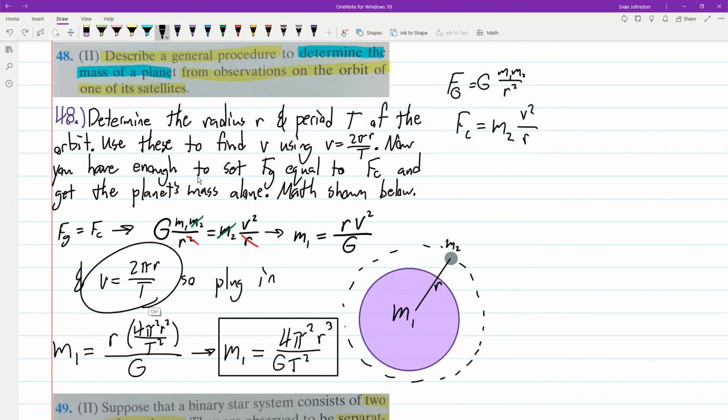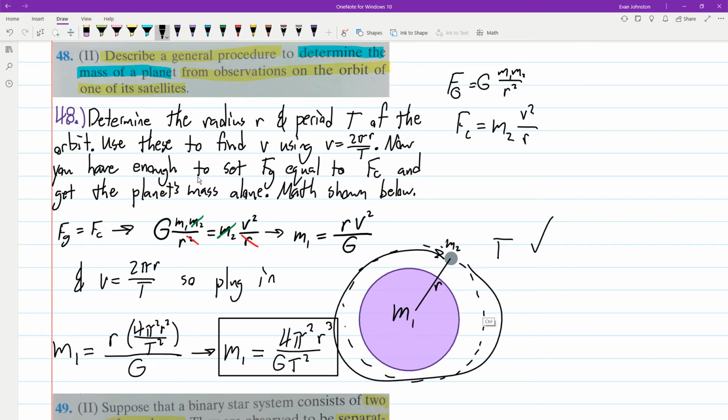So if an astronomer were to watch the satellite orbiting, and they could get the period, the time until it goes one full circle back to the same spot, we would know the period.